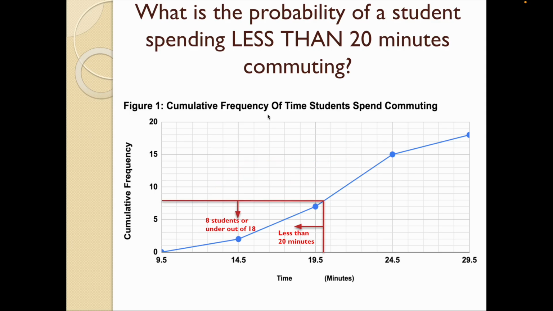Okay, so we start from the beginning. So we said, what is the probability of a student spending less than 20 minutes commuting? All right, so first of all, I need to figure out where the 20 minutes is. So here is 19.5, here is 20.5, and we keep going. 21.5, 22.5, 23.5, 24.5.